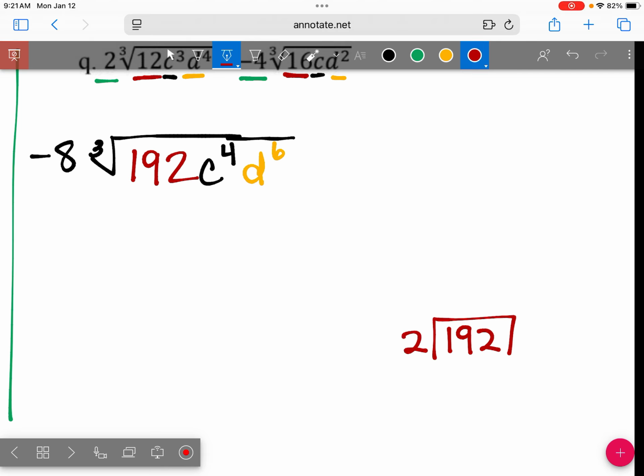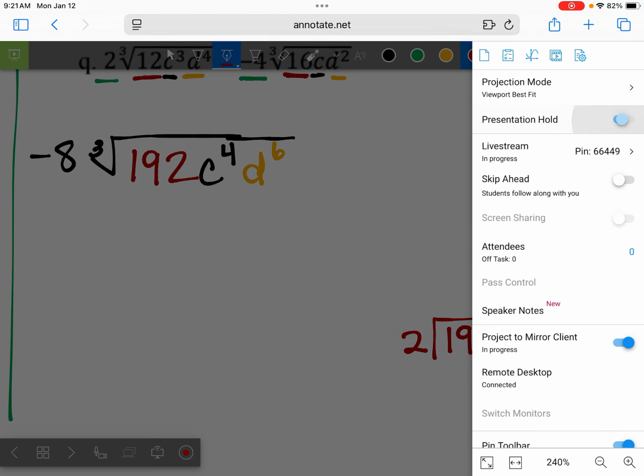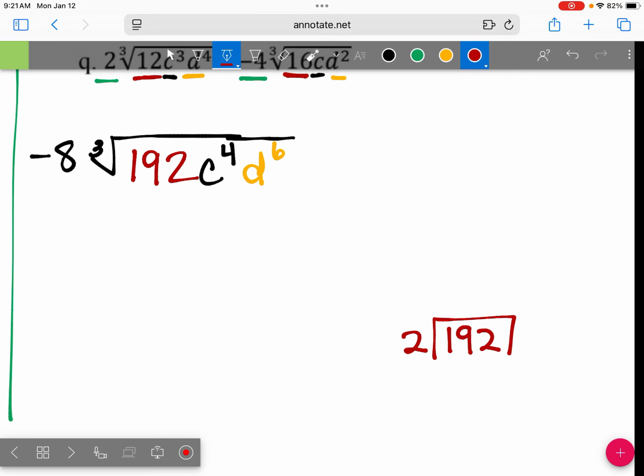Take half of 192. 192 divided by 2. Okay, yep, keep going. I'm hiding my screen, you all. Keep building your cake.